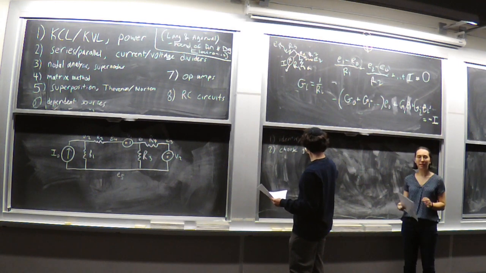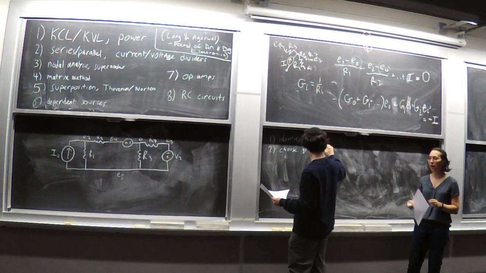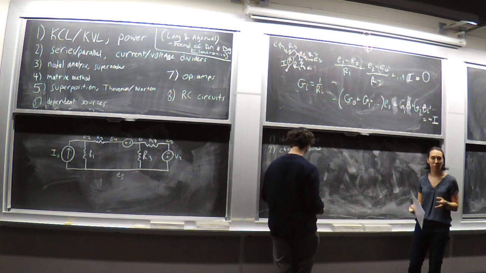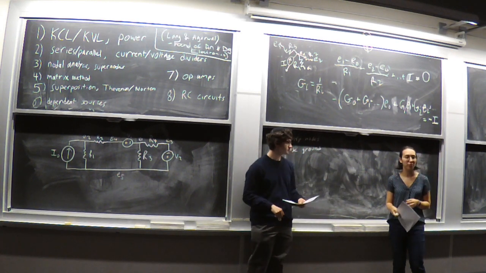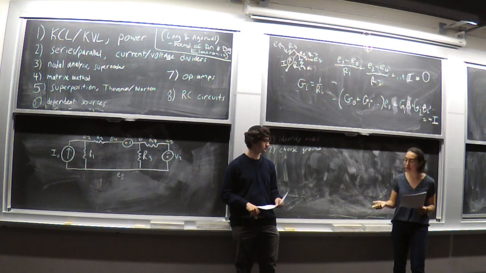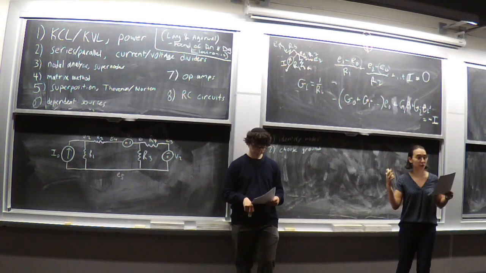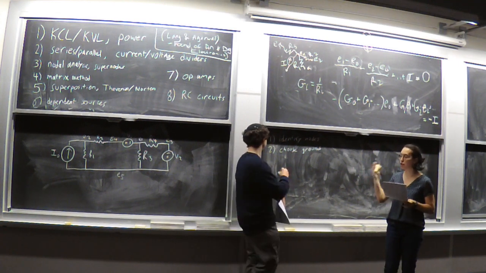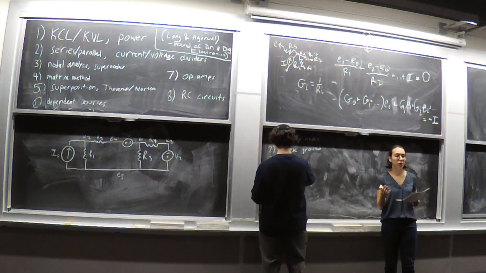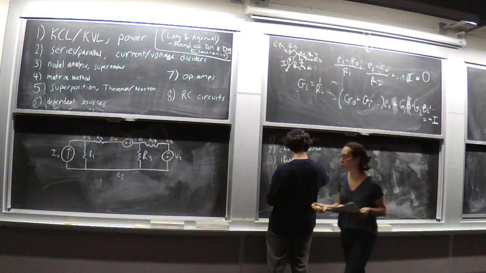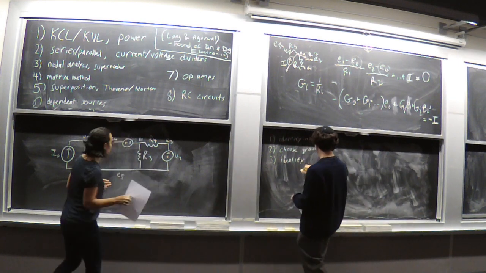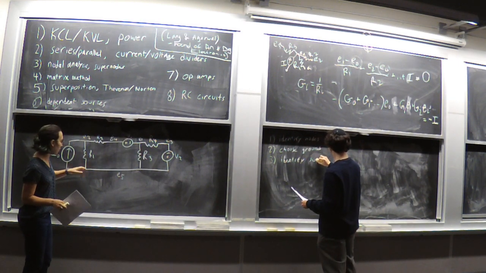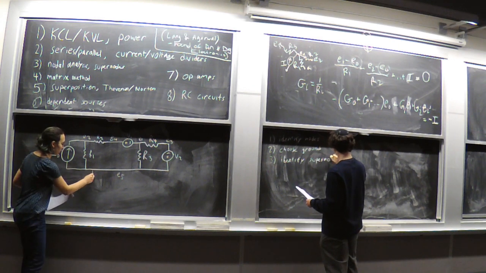And there's some things that make a good ground. So not all grounds are equal in terms of problem solving. They will all give you the right answer, but some of them will be easier than others. The reason this is true is your supernode, which you've covered, occurs when you have a floating voltage source. So what is a floating voltage source? Let's say we define ground to be over here.